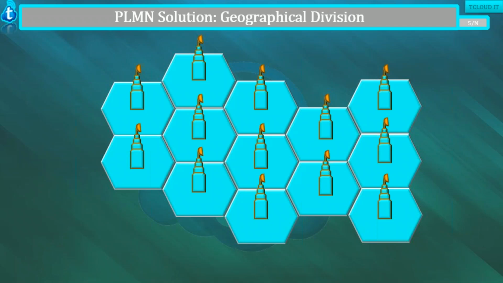Moreover, they made improvisations. Instead of allocating the frequency to the users, let us allocate the frequency to a cell, giving the ownership of the frequency to a cell antenna.